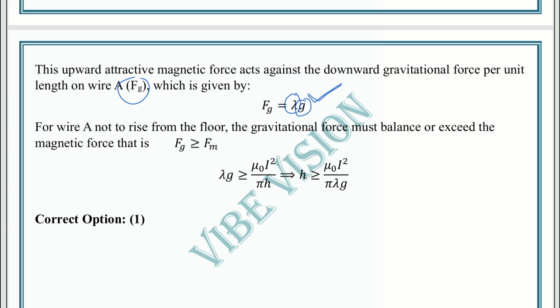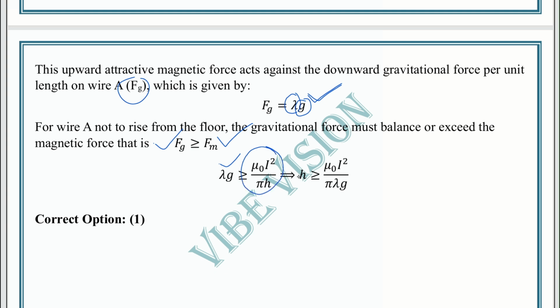For what condition will the wire not levitate, not go upward? When Fg, the gravitational force, is greater than or equal to Fm. That means lambda g is greater than or equal to mu naught I square by pi h.